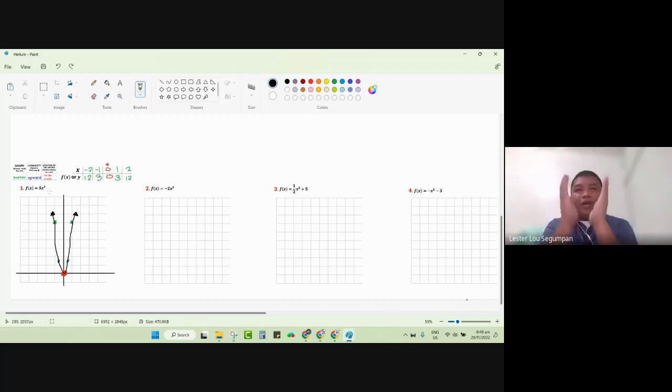It opens upward, looking at the figure, and the location of the vertex is on the x-axis, like here, right? So it really captures all the three given predictions or analysis of our graph. So we have this for our graph.